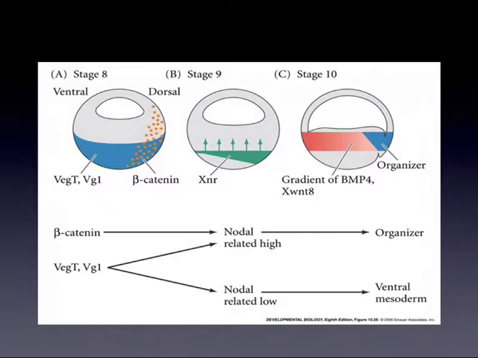And showing you the major players there, VEG-T, VG1, VEG-T being the endoderm signal, VG1 being the mesodermal signal, and then beta-catenin being concentrated in the dorsal region, and VEG-T turning on nodal. All right.